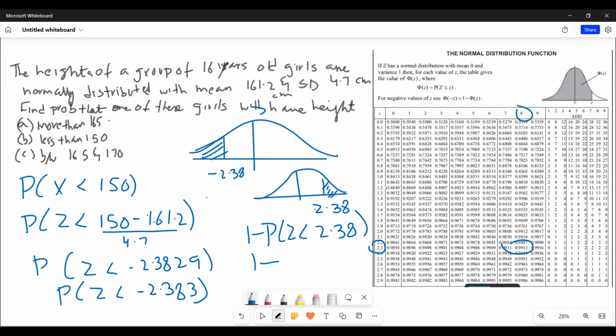Hold on, I needed 3 decimal places. Sorry, my bad. There's another 3, so now we add 3 to the probability. Adding 3 means adding 1, so this becomes 0.9914. Subtracting it from 1 gives 0.0086.